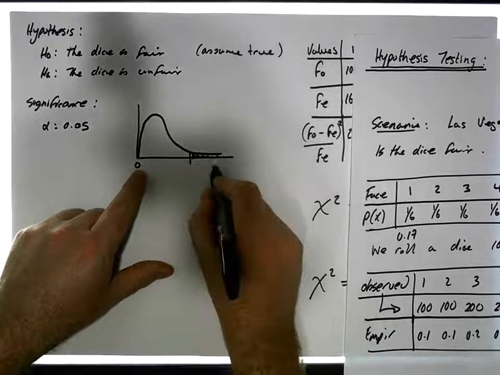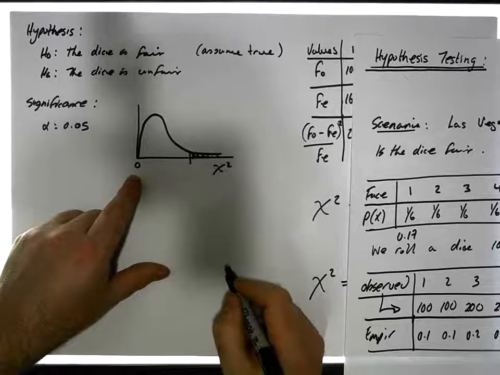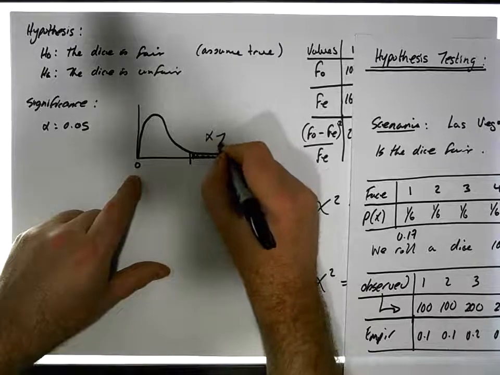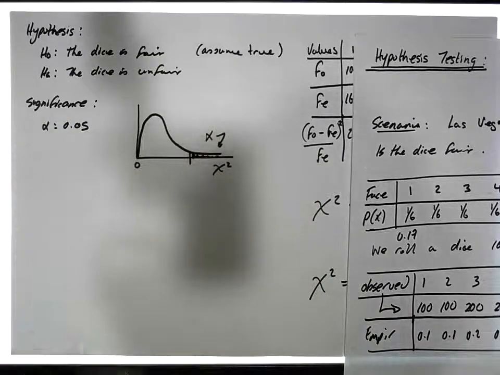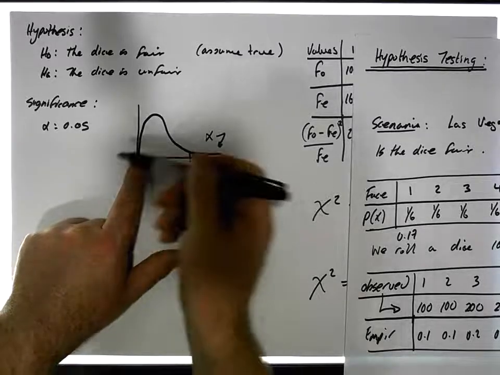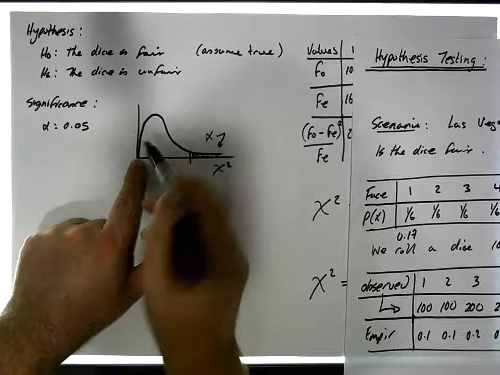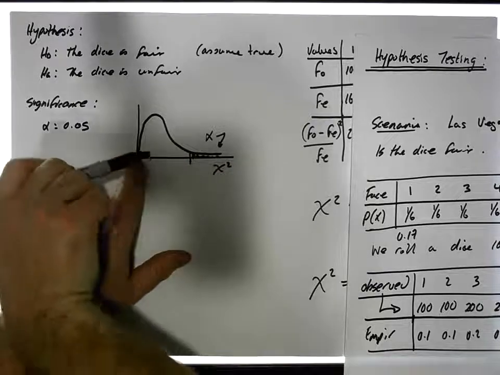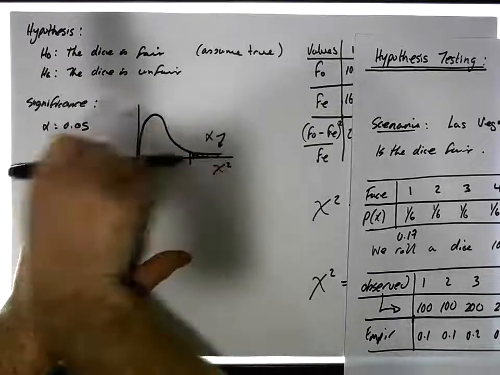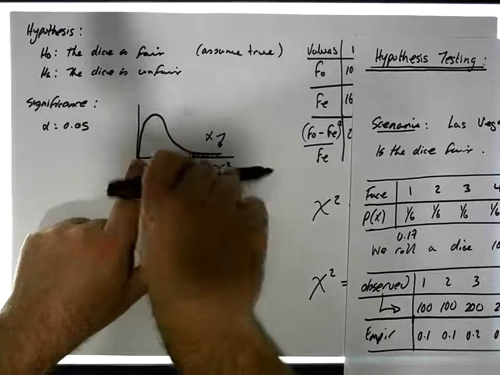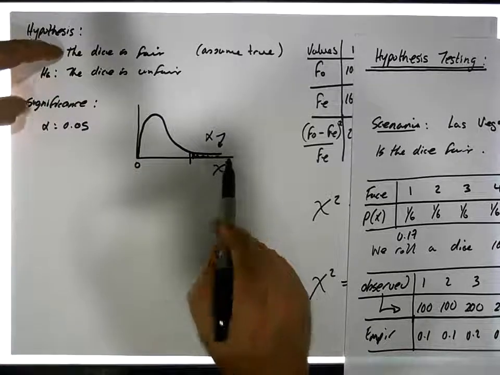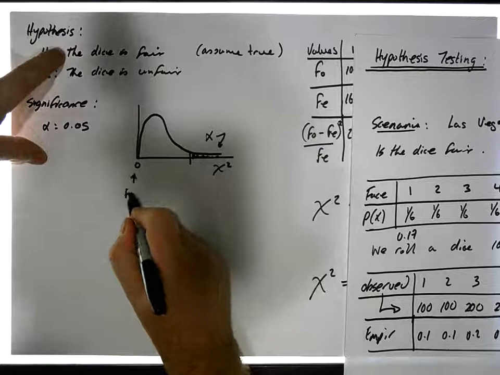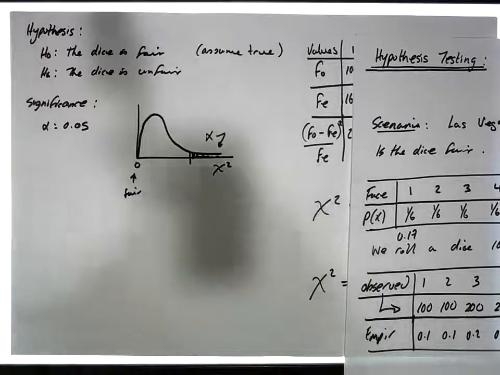The chi-squared value was down here. But we're going to put all of our alpha into the right-hand tail. This is a one-tail test, because we're always starting at 0. We're never going into the left tail. All of our distances are always going to be greater than or equal to 0. So the further away we are in this direction, the more evidence there is that we've deviated away from the concept of a fair die.